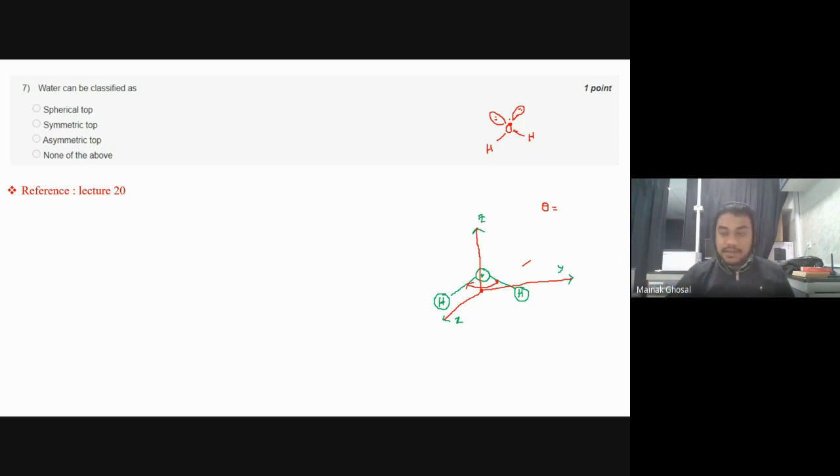This is general VSEPR theory. So your bond angle initially was 109.5 degrees, the tetrahedral bond angle. But in water, the lone pair repulsion will push the two OH bonds towards each other, so the bond angle will get reduced. It will reduce to 104.5 degrees.